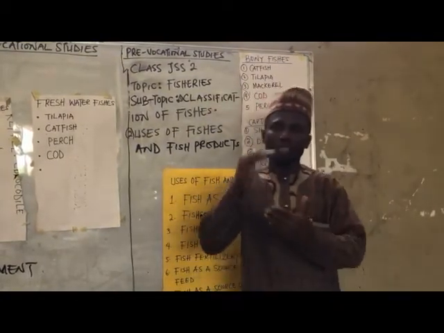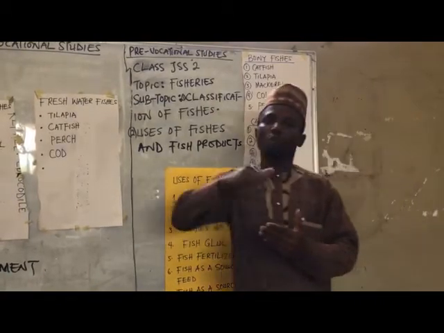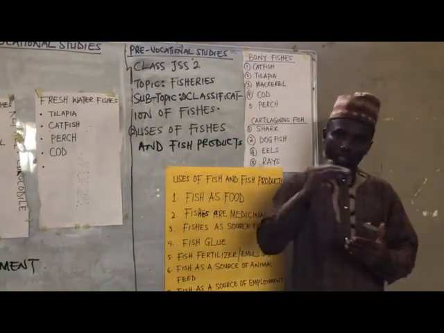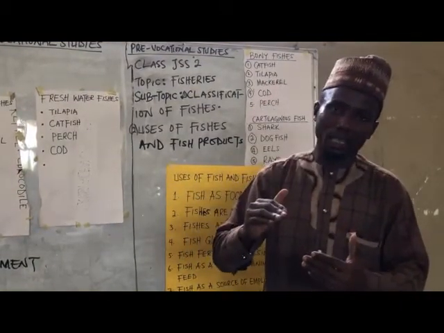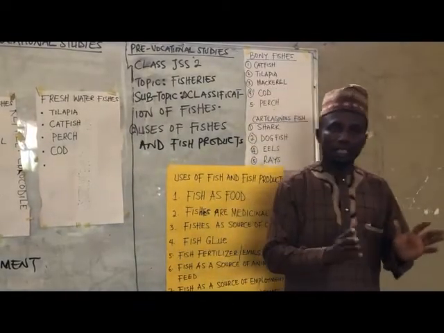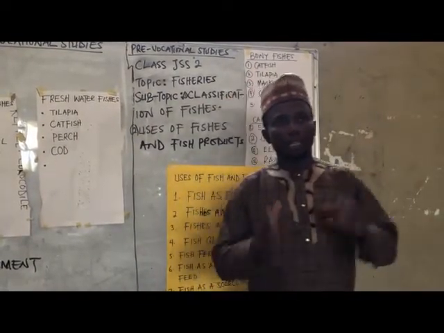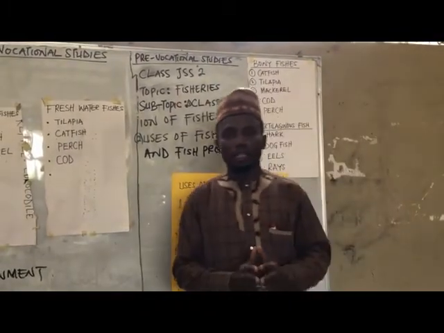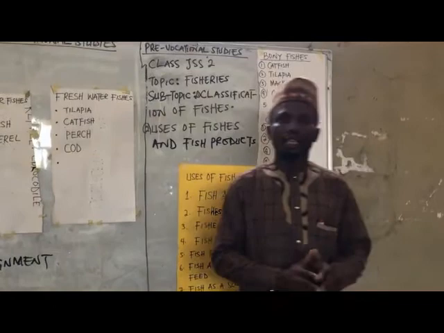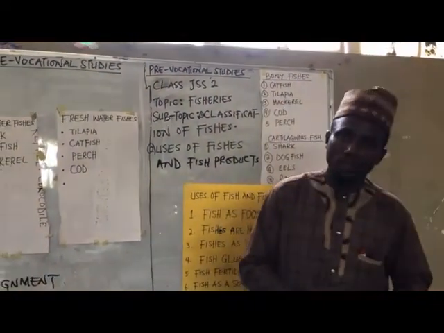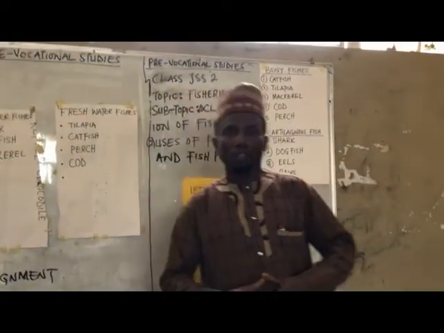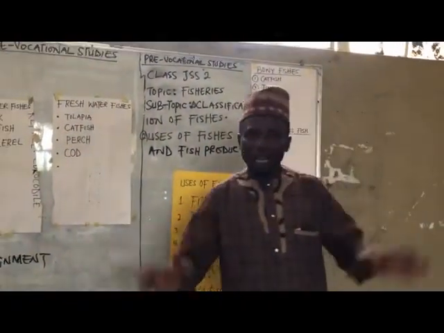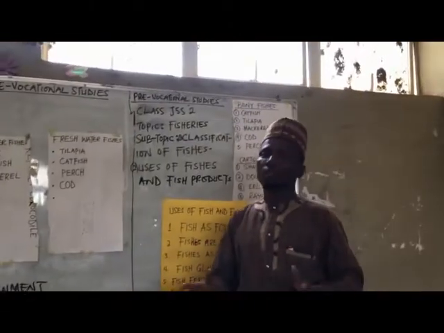When you say fresh water, what does that mean? Water that does not contain salt is referred to as fresh water. And where can we get this water? Water gotten from lake, river, stream, dam, well, all are examples of fresh water.